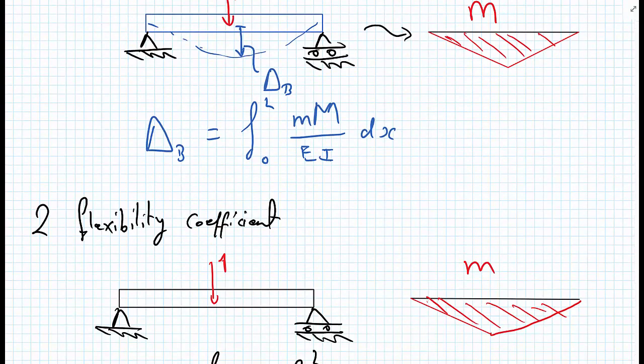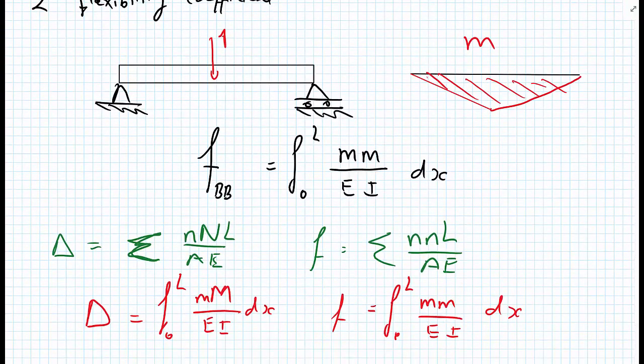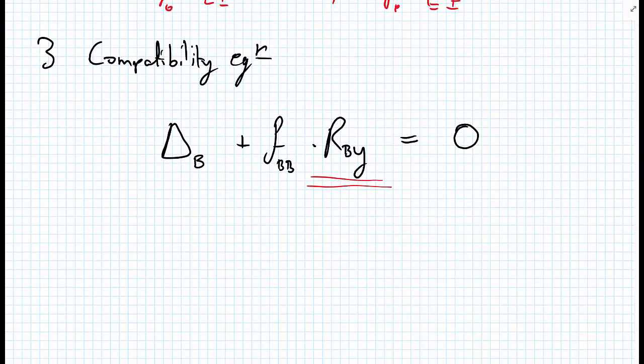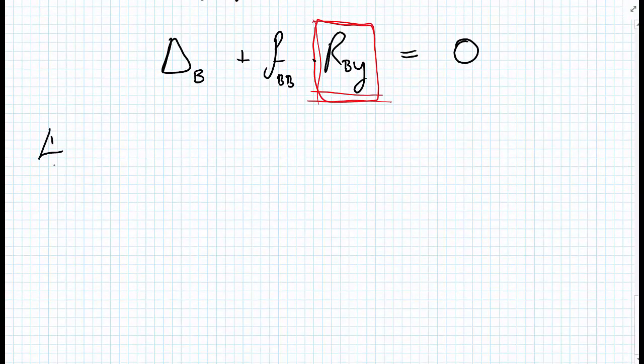So we have reactions that were calculated at A, at the left-hand side, and at C on the right-hand side. But these are not correct because we never considered this reaction force RBY. So now, with knowing RBY, we can finally calculate our real reactions.